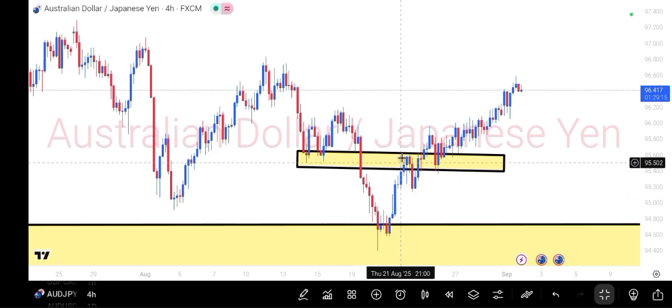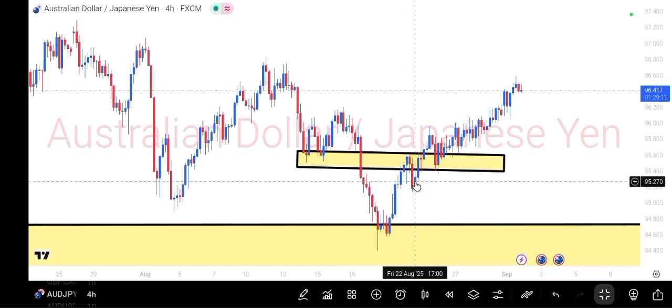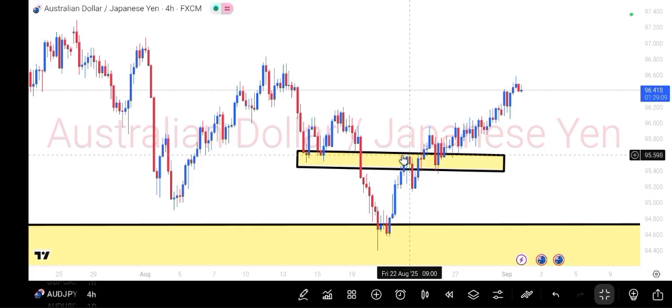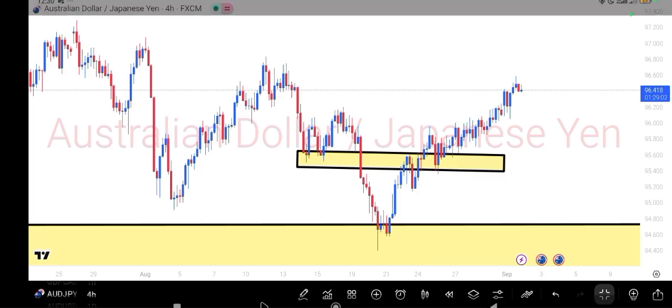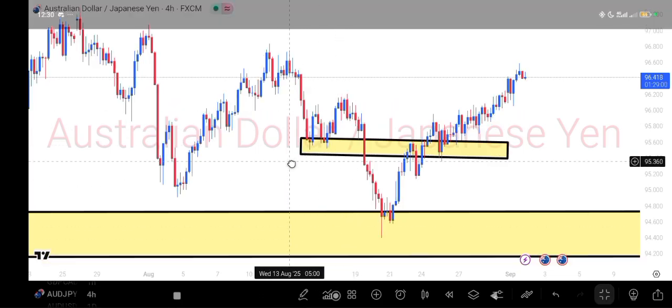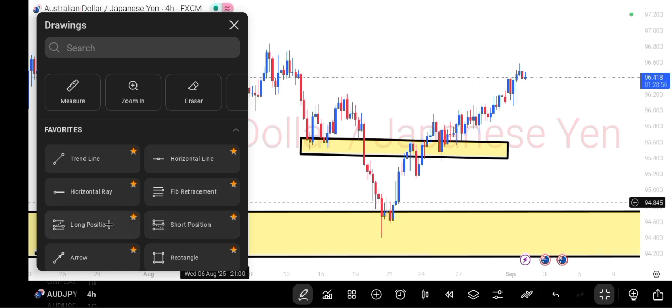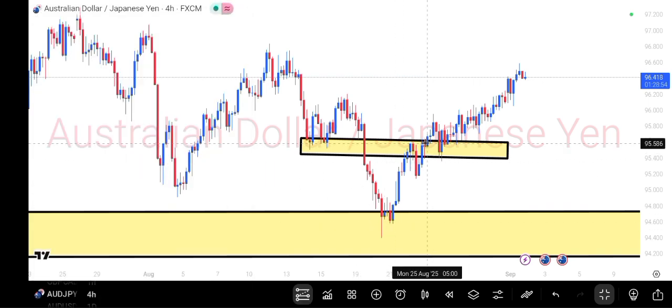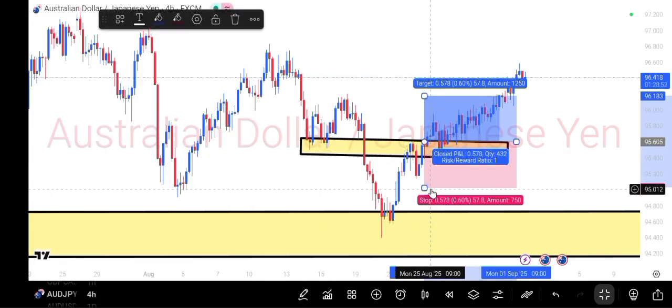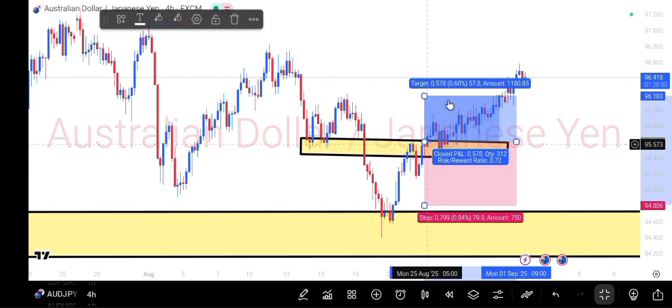Since after the bounce, this was the highest point that the market came before retracing, I waited for a candle to close above the retracement for me to be sure that it's valid. So this was now the candle that closed above it. So I executed a buy order exactly here. Then stop loss was here.